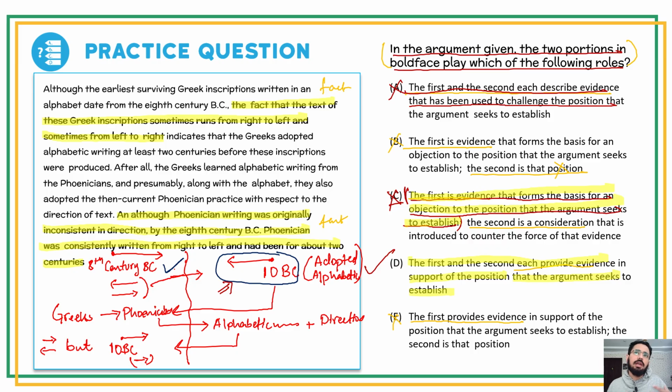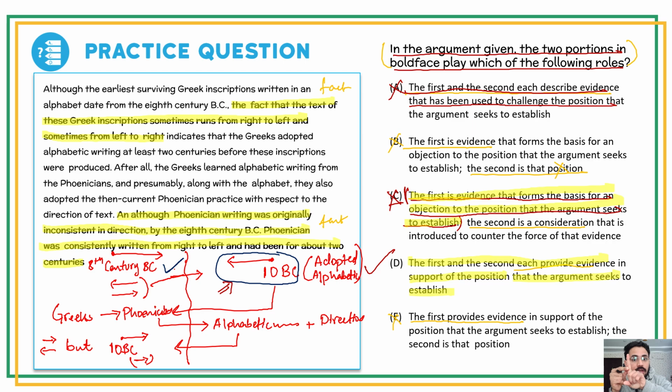If I'm saying that they adopted it in the 10th century BC or before that, and someone asks me why are you saying that, I can tell them: A, these Greeks were inconsistent in the 8th century BC, and they adopted alphabetic writing from the Phoenicians. And Phoenicians, guess what? They got consistent 2 centuries before them.